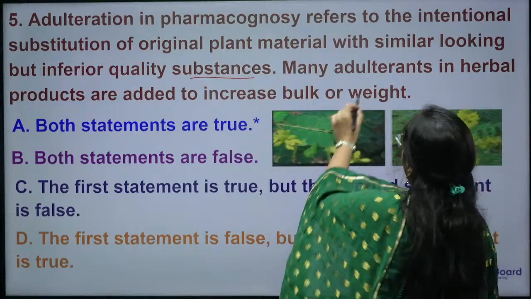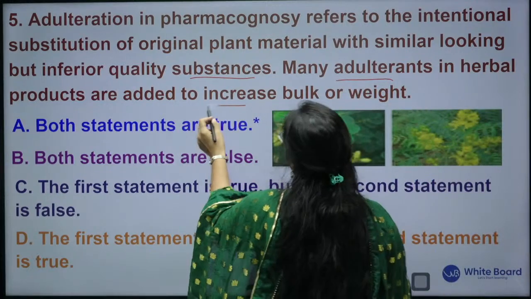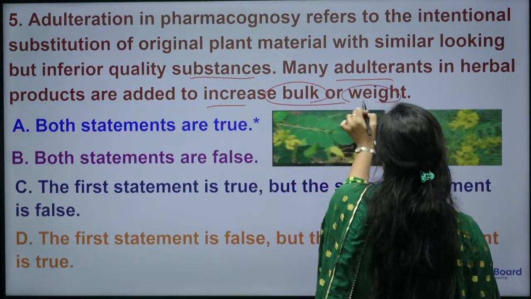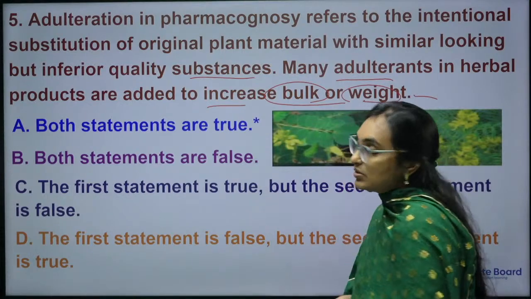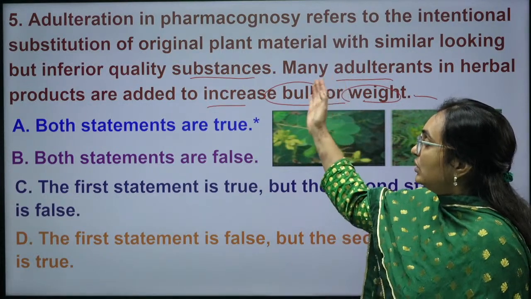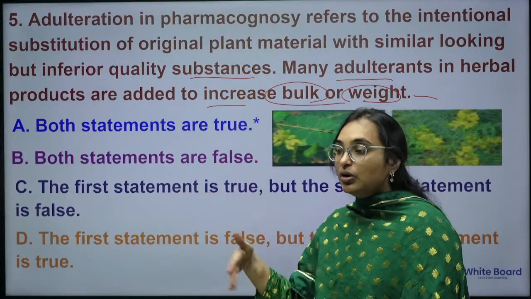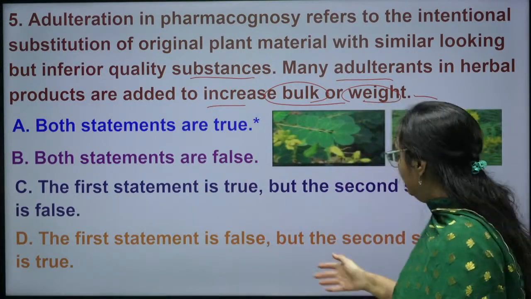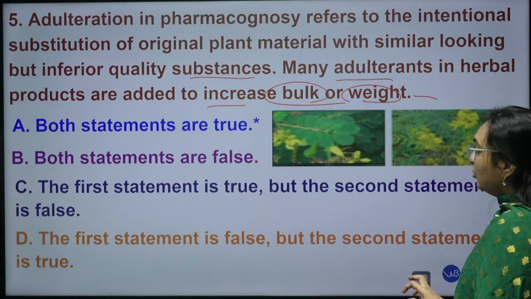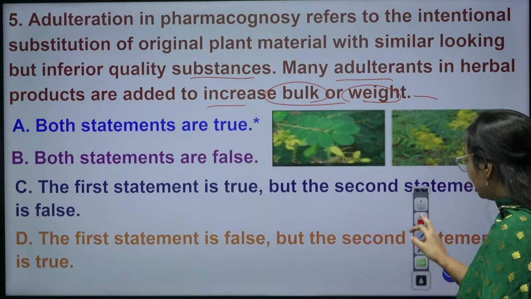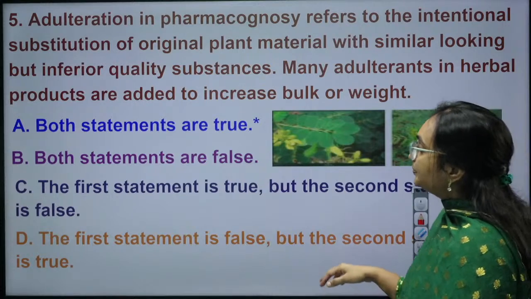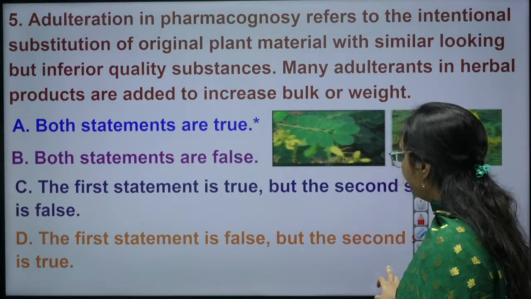Many adulterants in herbal products are added to increase bulk or weight. So both statements are perfectly true. Adulteration is nothing but adding a cheaper constituent in order to increase its weight. So the option is A.